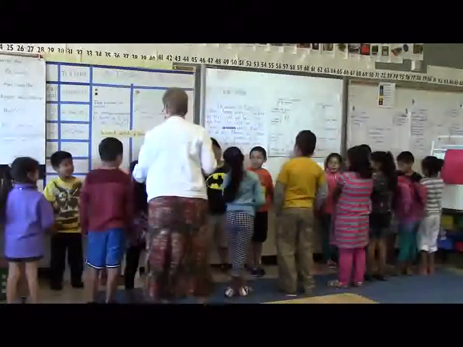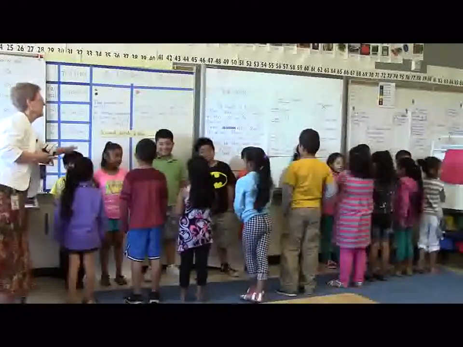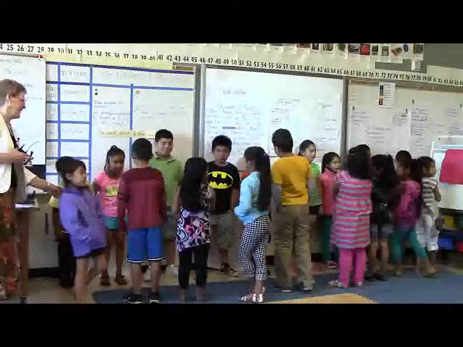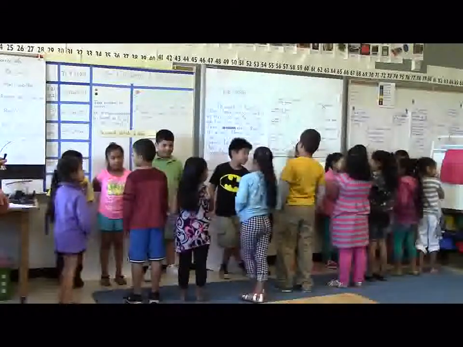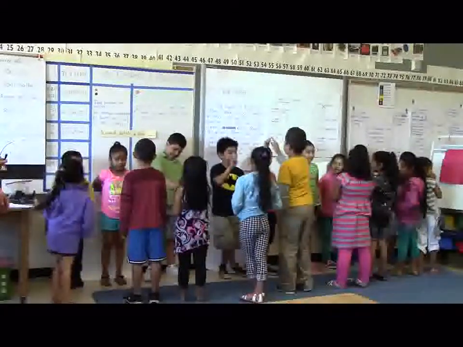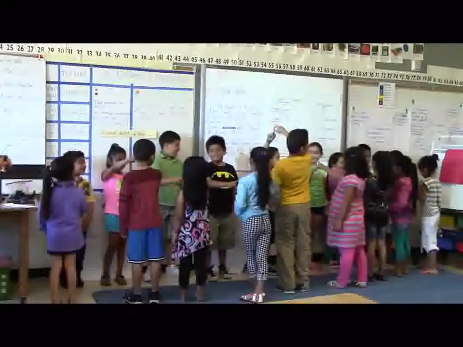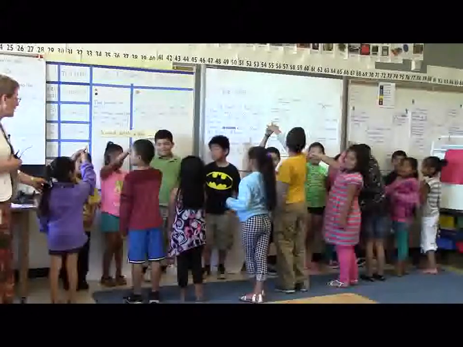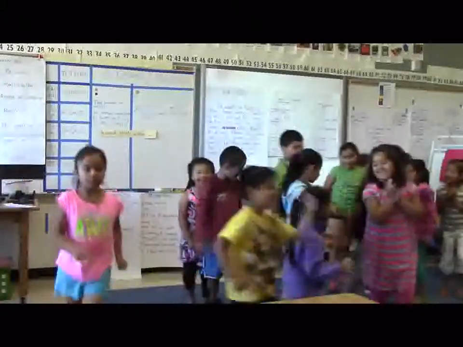Okay, question, people. All right, go ahead. What does the little red hen look like? The little red hen looks like little and red. Very good. Thank you very much. You can quietly go back to your seats.